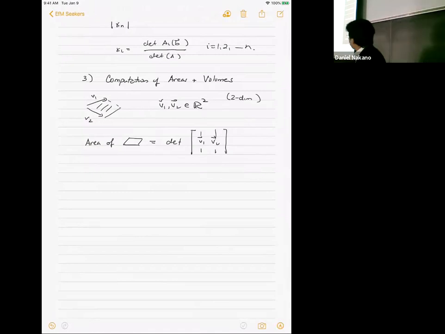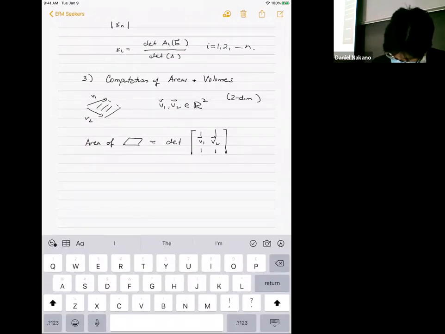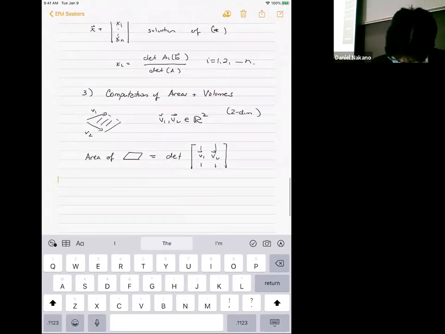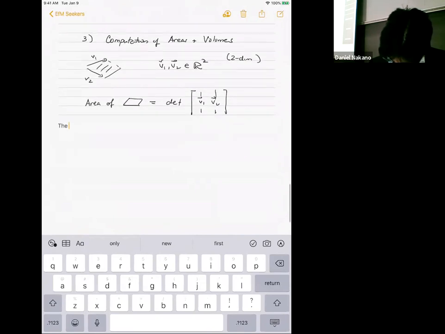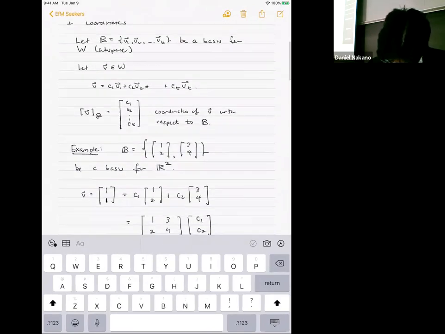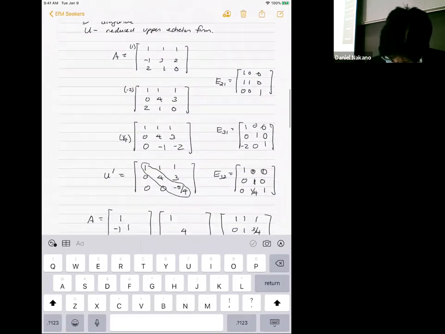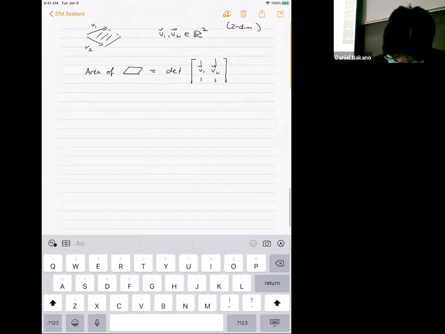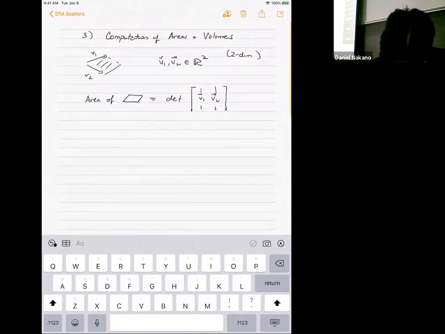Now, for 3 dimensions, I could just basically use the same idea. Okay, so let me just draw you a 3-dimensional picture here.